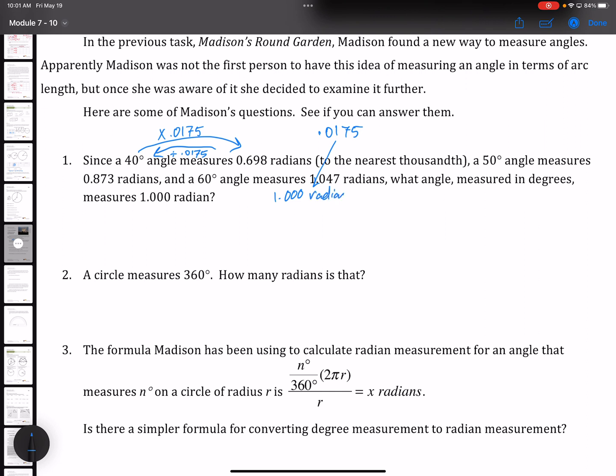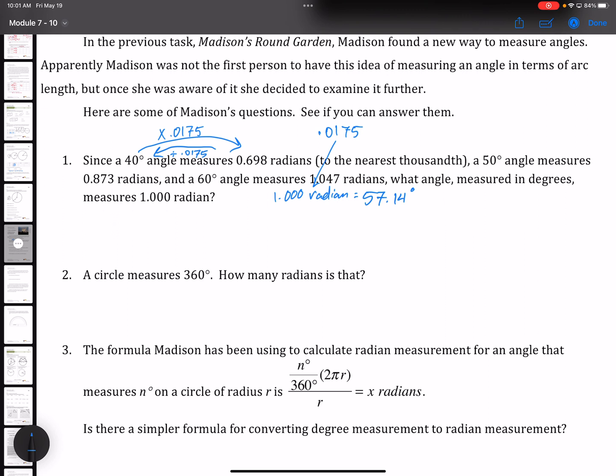It says it's 57 degrees, 57.14285714. So 57.14 degrees is approximately the angle that would equal 1 radian. Now that seems terrible, doesn't it? That's atrocious.